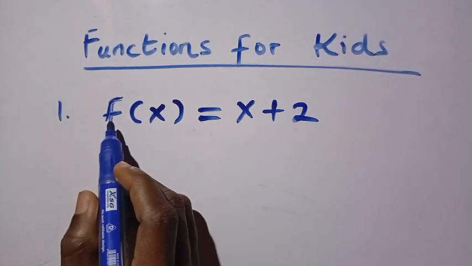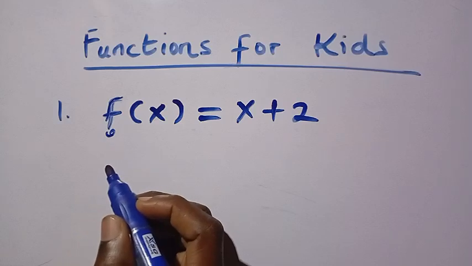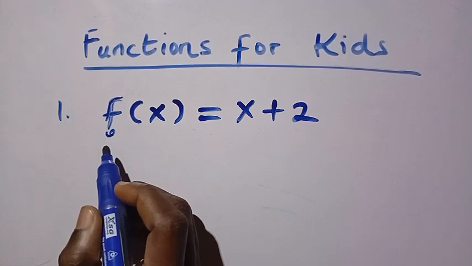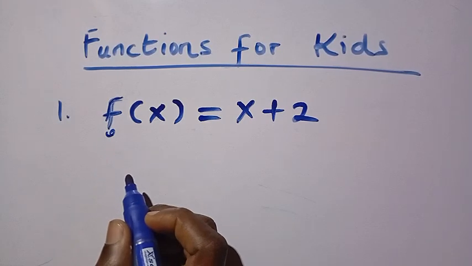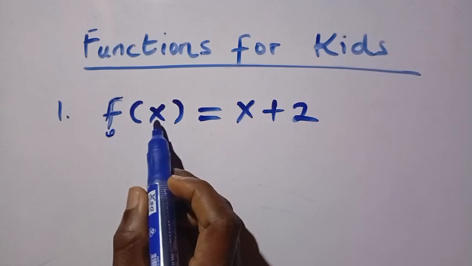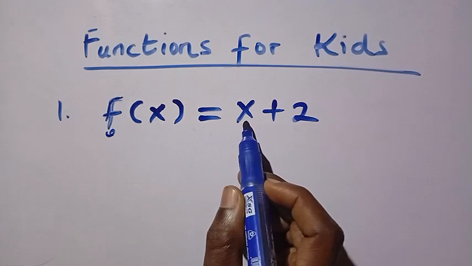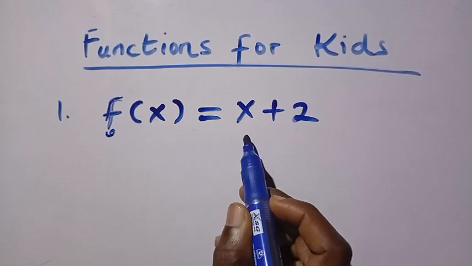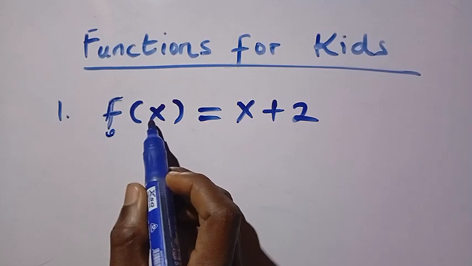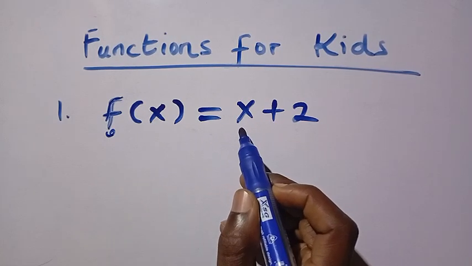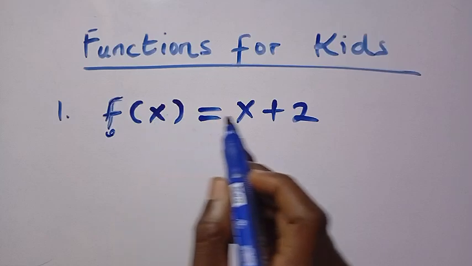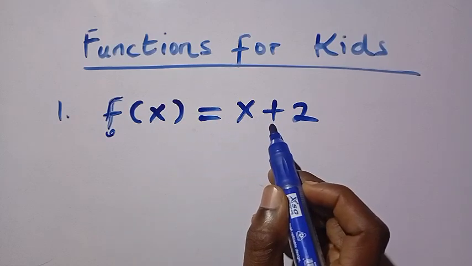It is not necessarily f, it can also be another letter like h, like p, and others like that. And inside here we have x, which corresponds. So if I change this one to y, this is also changing to y. That is, for every input we are going to get the output here.